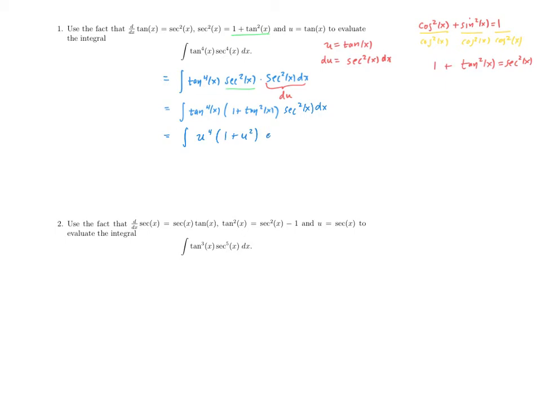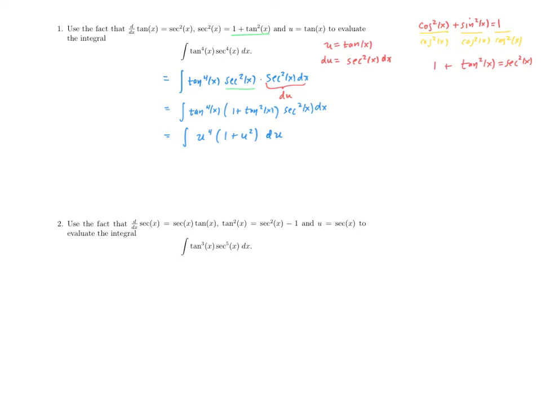Secant squared x dx becomes du. So note in this case, because of the even power of secant, we were able to save a secant squared and use the Pythagorean identity to write the remaining secants in terms of tangents.